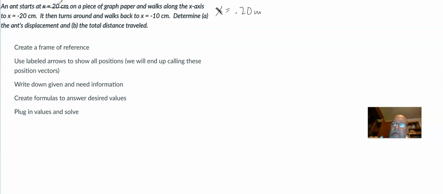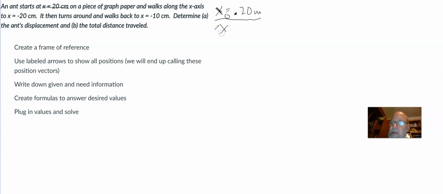Remember that a centimeter is 1/100th of a meter. So if I have 20 hundredths of a meter, I would have 0.20 meters, right? And then I went to another position, and that was x equals negative. And so we're going to call this first one x0.